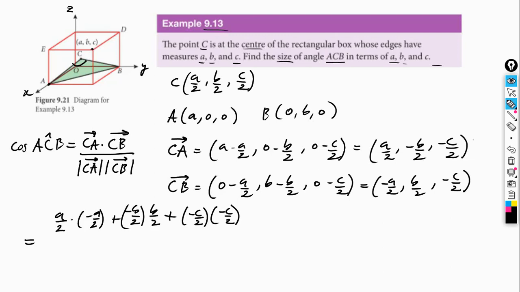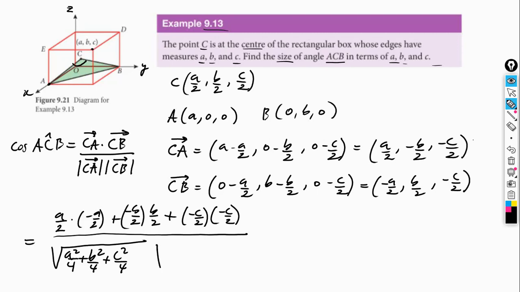And this over the magnitude of CA, which is going to be the square root of A squared over 4 plus B squared over 4 plus C squared over 4, times the magnitude of the other vector, which is going to be the same, right? So it's going to be the square root of A squared over 4 plus B squared over 4 plus C squared over 4.